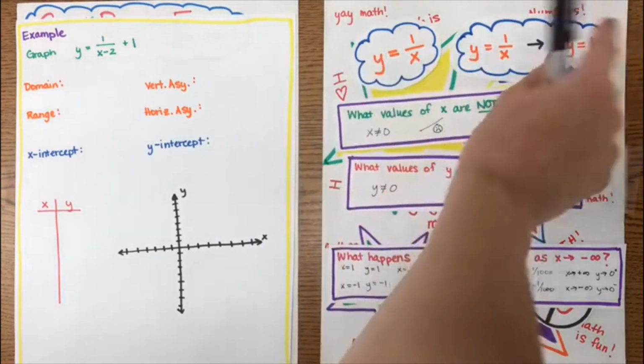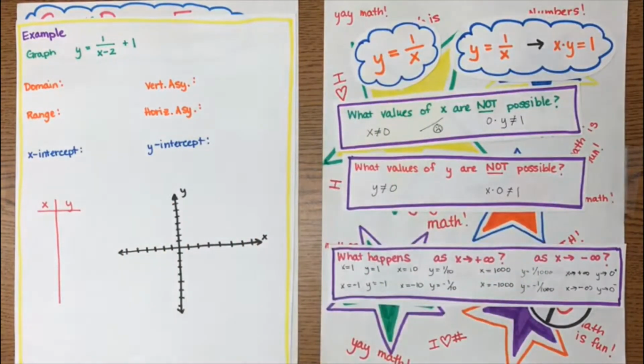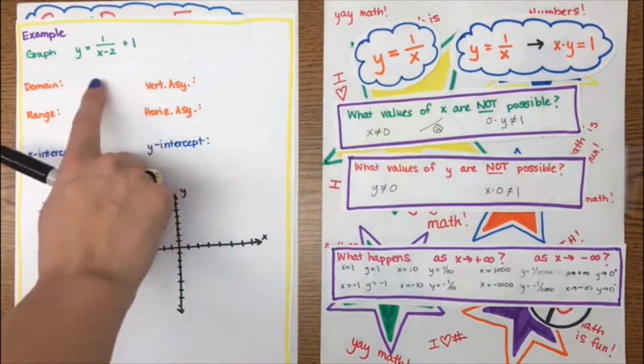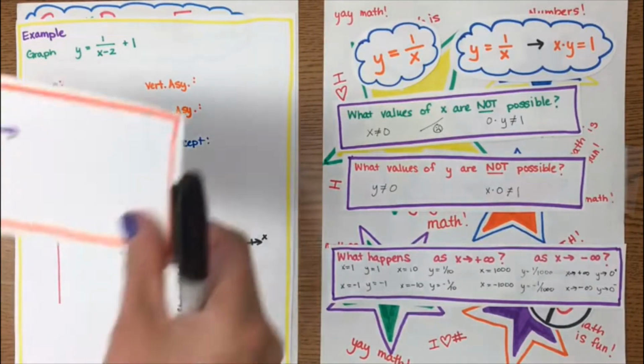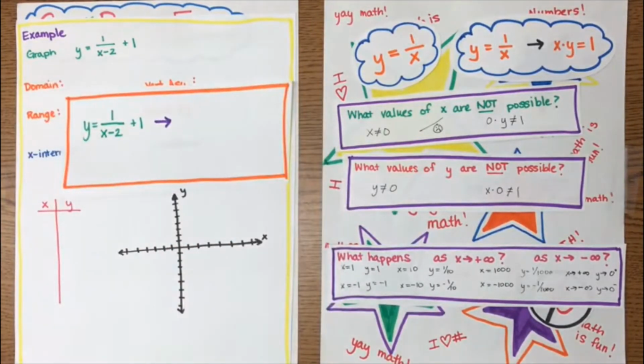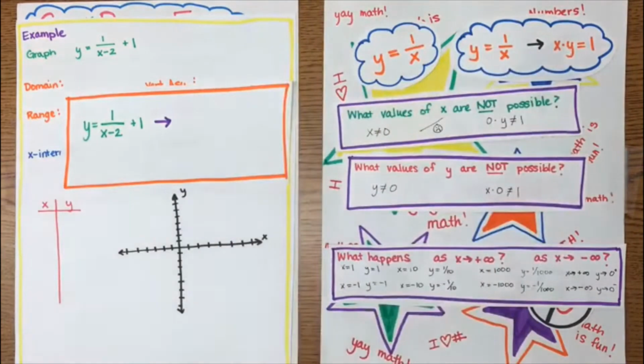We used this idea of getting x times y equal to 1 to figure out what our values could and could not be. When I look at my function y is equal to 1 over x minus 2, plus 1, we can't quite see that. So I'm going to get this into the form of two things being multiplied equal to 1.